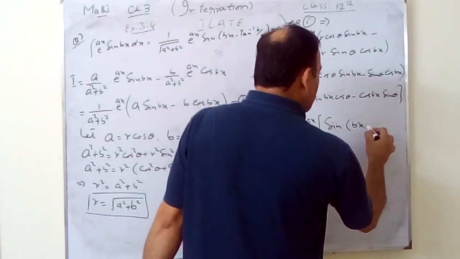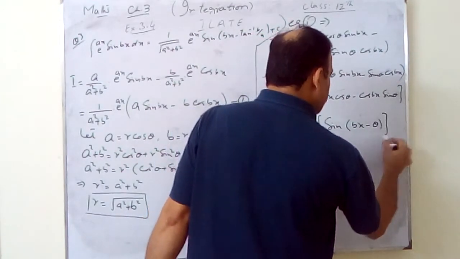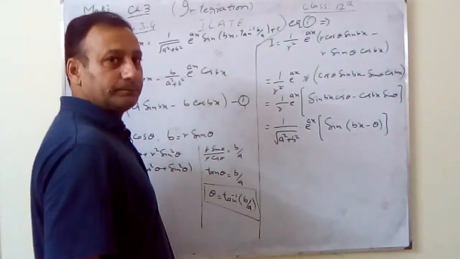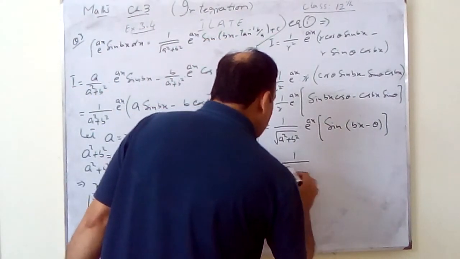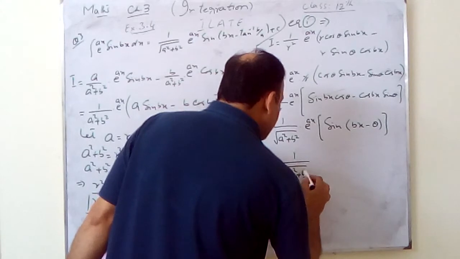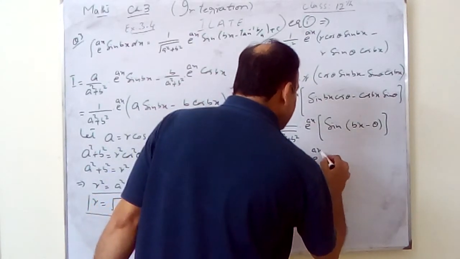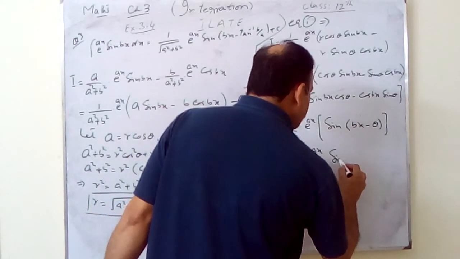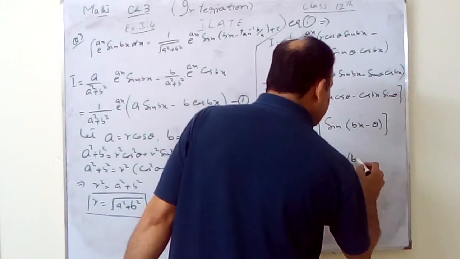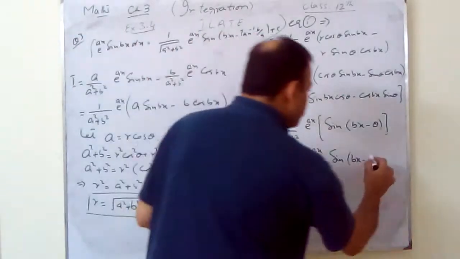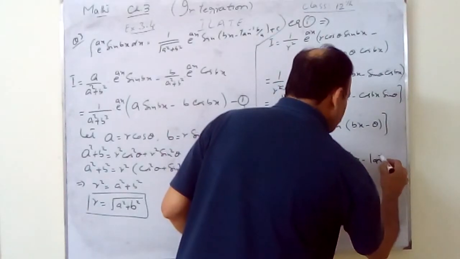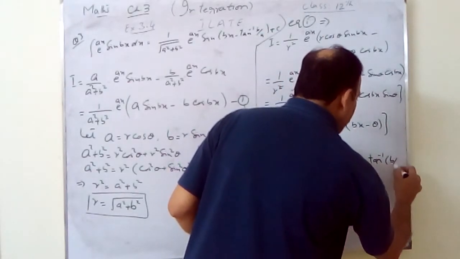So it is 1 over square root of a square plus b square e power ax sin bx minus theta, where theta is tan inverse b over a.